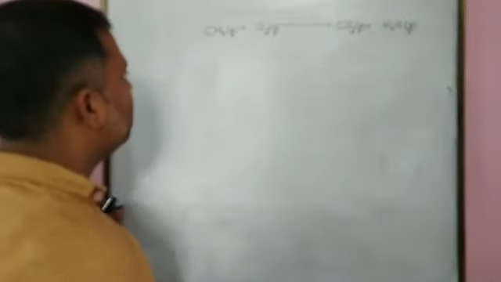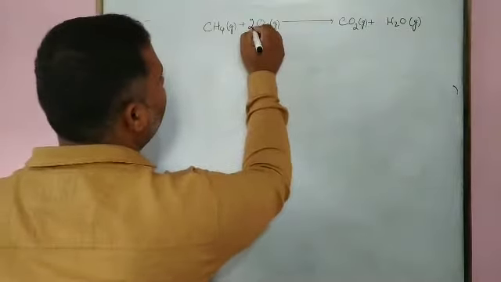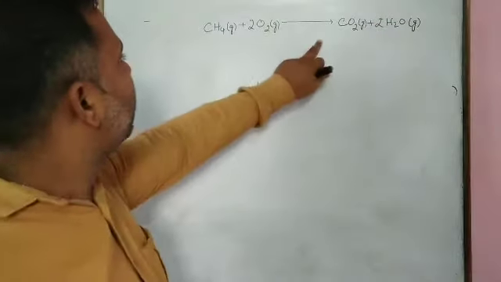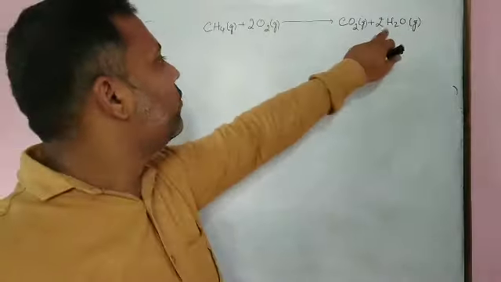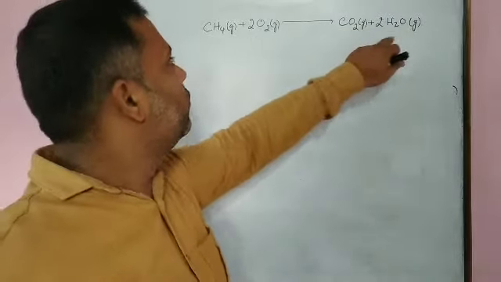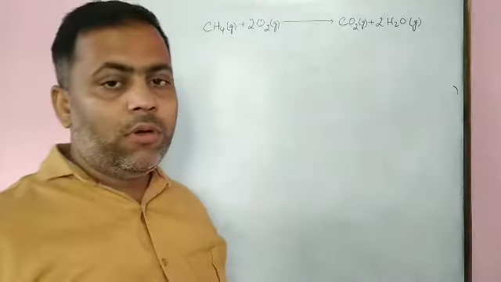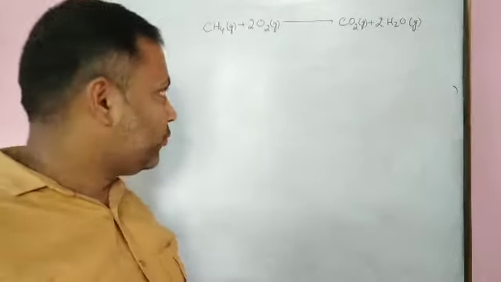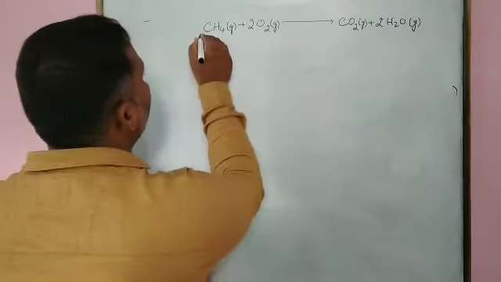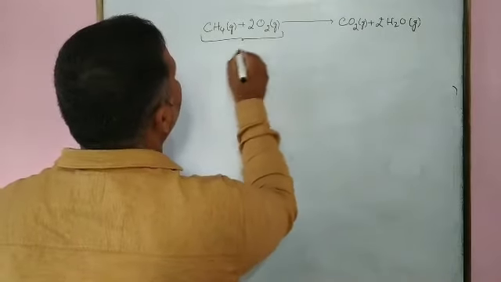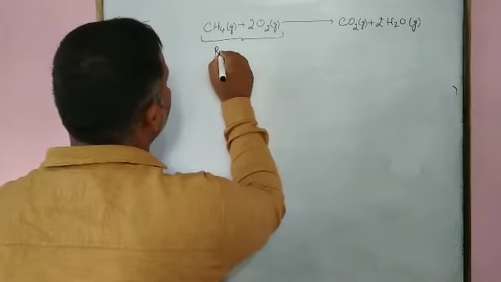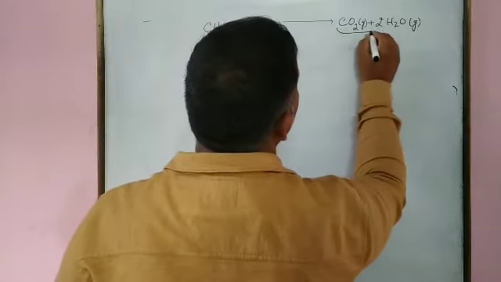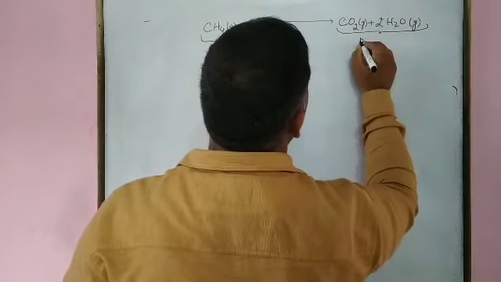We have already balanced it: 1 carbon, 4 hydrogen, we have 4 hydrogen; 2 and 2, 4 oxygen, we have 4 oxygen. What information do we obtain from this chemical equation? These are termed as reactants, and these are termed as products.